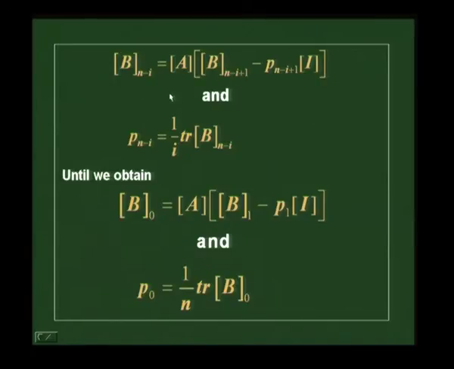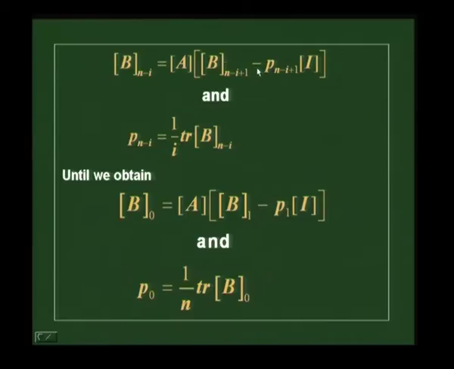We started with B n minus 1, which is A itself. Now we take B n minus 2, that is I equal to 2, and that is equal to the matrix A multiplied by B n minus 1. Now I is 2, so n minus I plus 1 is n minus 1. So it is B n minus 1, which was matrix A itself, you remember.